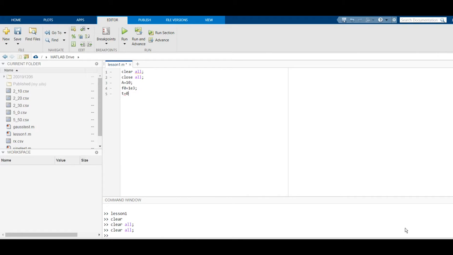So t I'm going to plot from 0 in intervals of say 1e-5 to say 5 cycles. 5 cycles means 5e-3. How does it come?